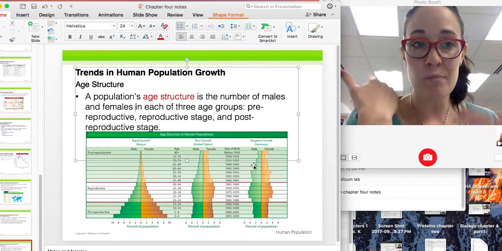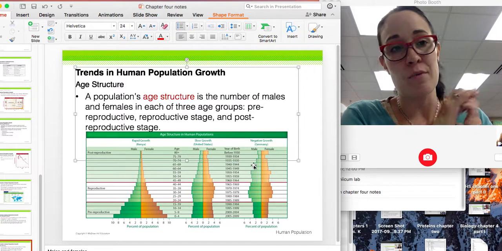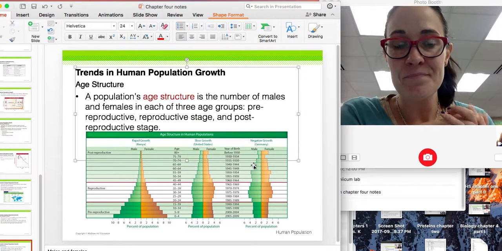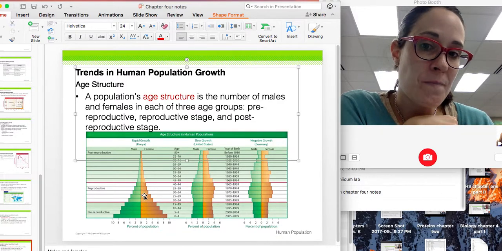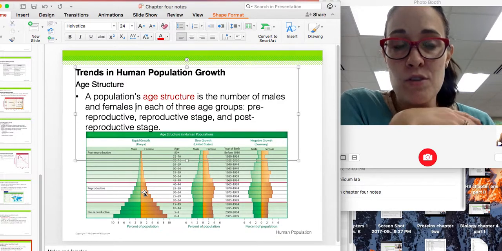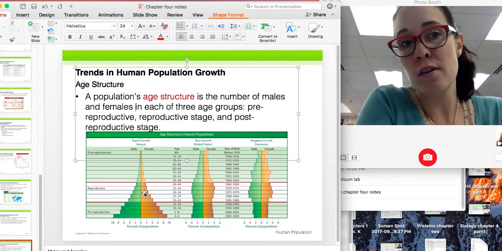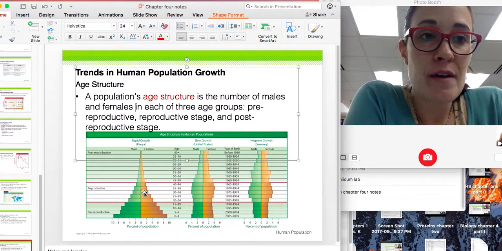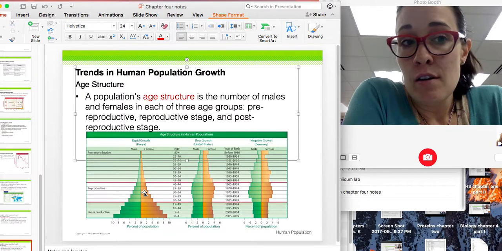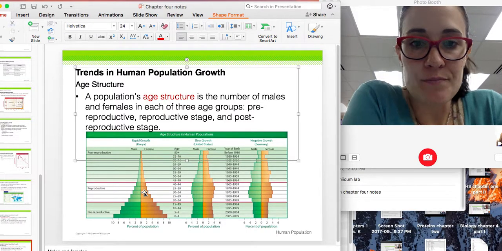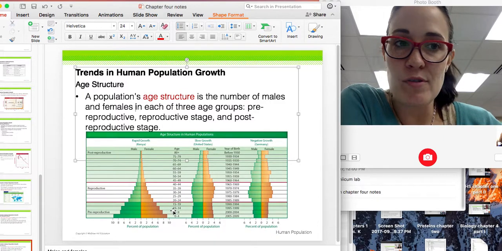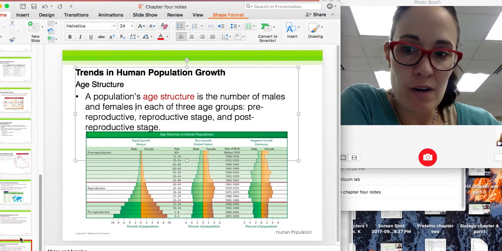Okay? So they can project population number increases based on this data, which is rather interesting to me. Also, it is very important, probably more so for humans or any kind of animal, to count the number of females, because the females are the ones that carry the young. And if there are not enough females, there's going to be lower population growth.